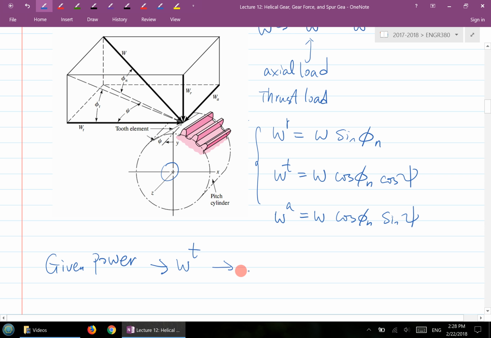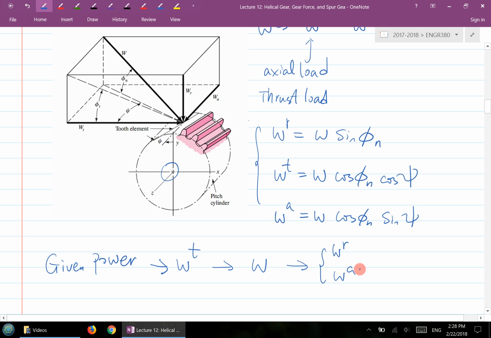From WT, you can calculate your W. Then from the W, you can calculate either WR or WA, depending on the type of gear. So that's typically the direction of going in a typical analysis or design calculation.